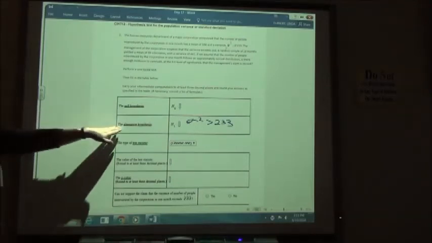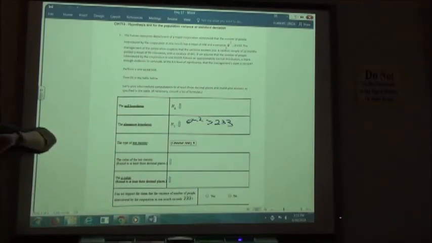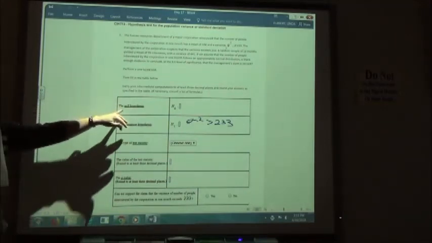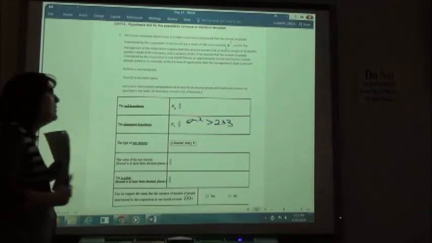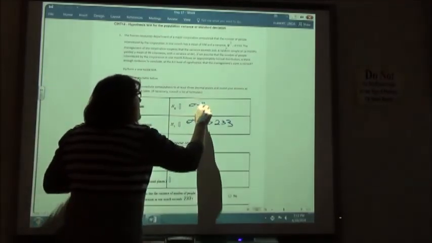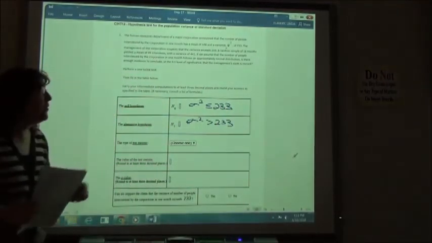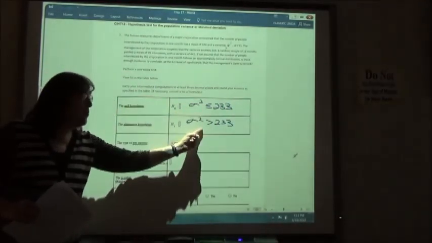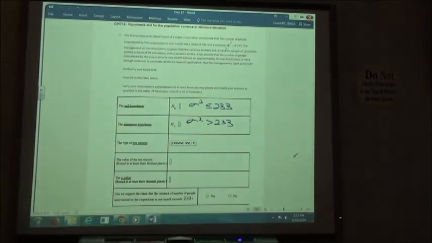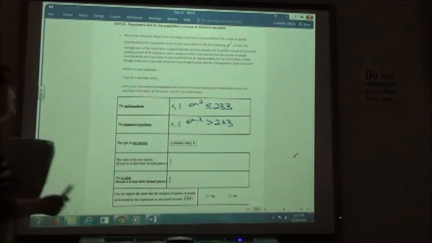So if we know the alternative hypothesis is that our variance is greater than 233, that means the null hypothesis would be the variance is less than or equal to 233. The null always has the equal and would be the opposite of whatever that one is. So it just depends on our statement. We are doing a one-tailed test.